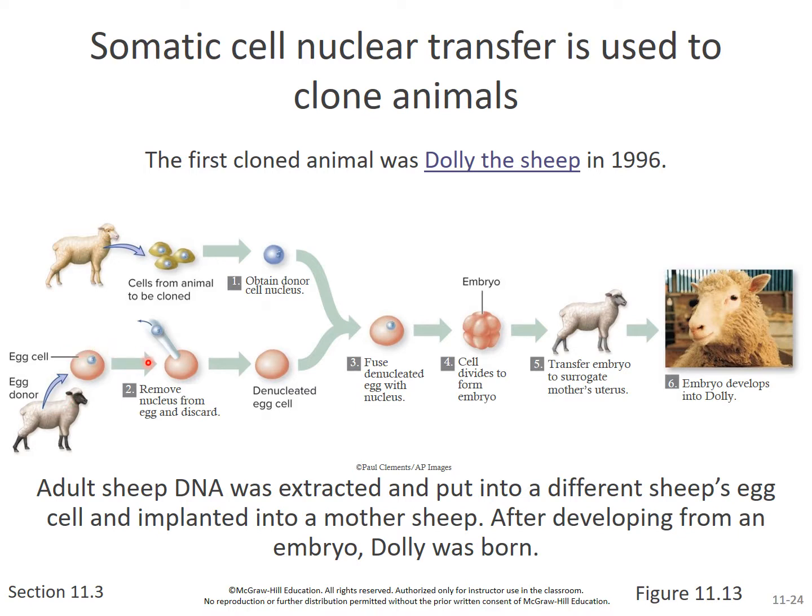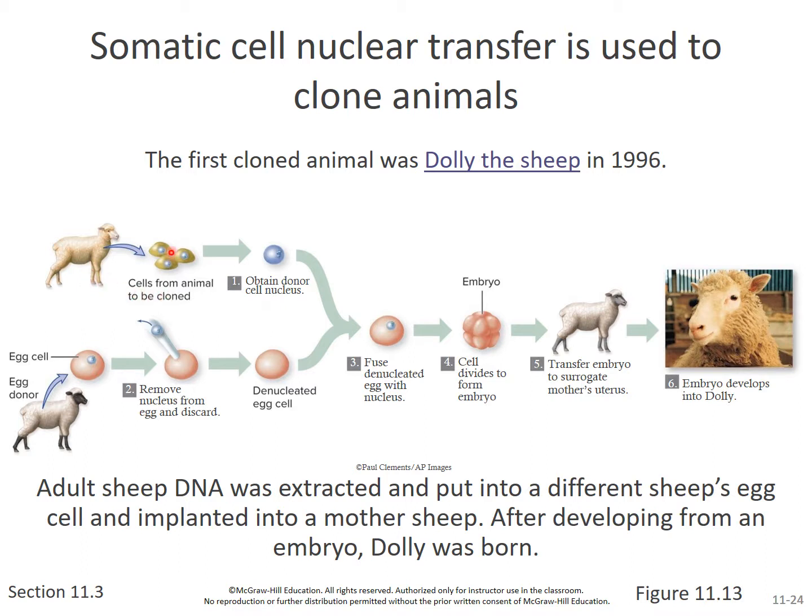You are removing the nucleus from that egg cell, and we'll later learn that the nucleus from that egg cell only has half the DNA anyway, but when you take that out, it's this empty, denucleated cell. You then take a body cell, a somatic cell from another sheep.